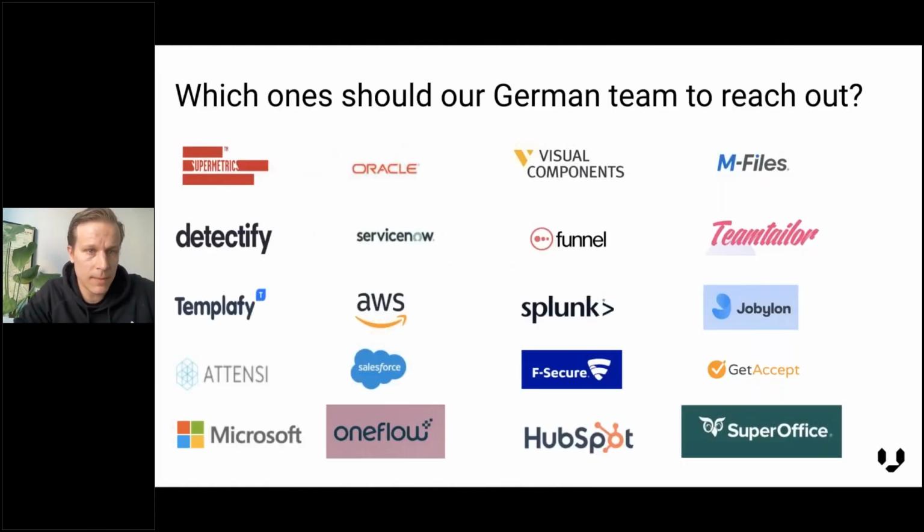So the question might be, let's assume that we want to give some leads and opportunities to our German colleagues, and these are the customers we already know and work with. So this is a scenario. Then we would like to know, out of these companies, which ones also operate in Germany, because those might be the low-hanging fruit.